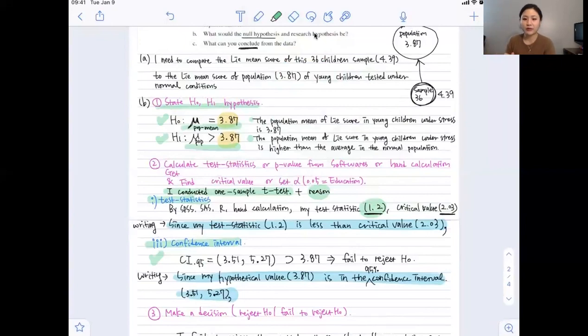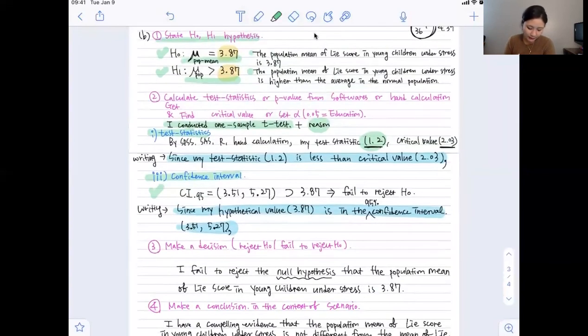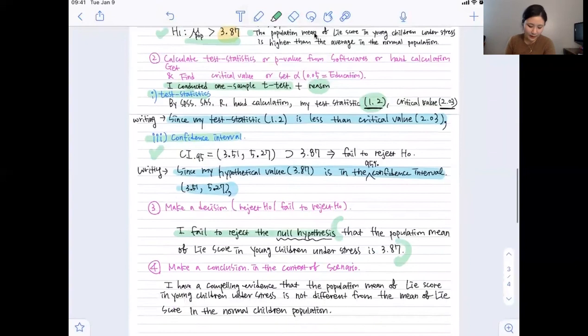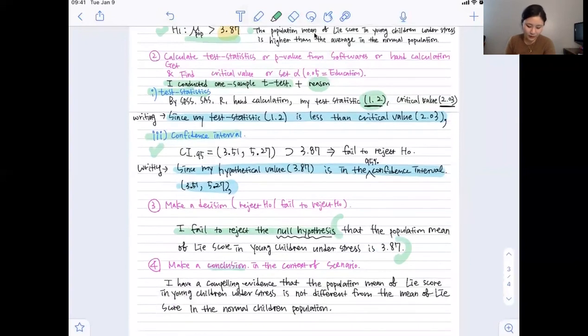Make sure that you make a note of what alpha you're using if alpha is not given in your question. And then I'm going to write, I fail to reject the null hypothesis, and I'm going to write the null hypothesis. And then I'm going to write the conclusion in the context of the scenario. So I will write these three lines.